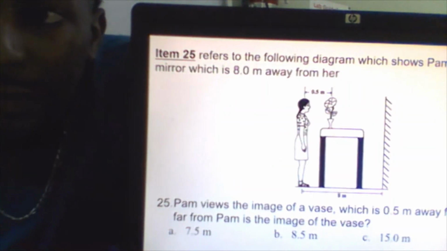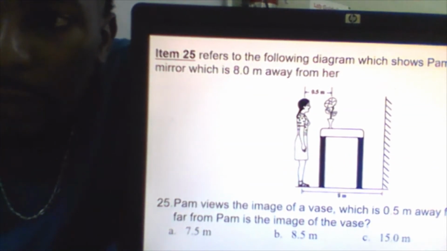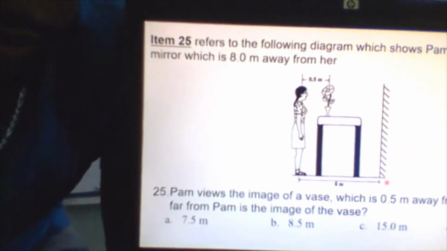Number 25. It says, refer to the following diagram, which shows Pam facing a plane mirror, which is 8 meters away from her. So when we look at Pam, Pam is standing here, and the mirror is 8 meters away from her.